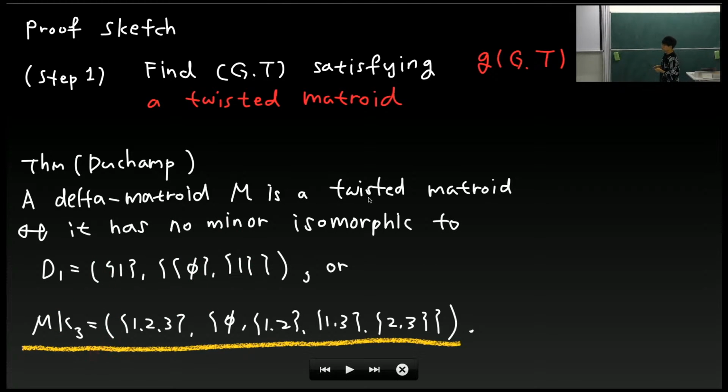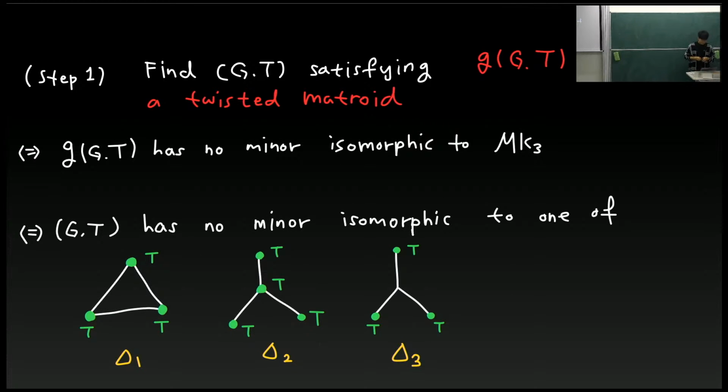So in step one, we want to find a graph such that G_GT has no minor isomorphic to MK3, up to taking the twisting operation. I want to find the obstruction and forbid it here.